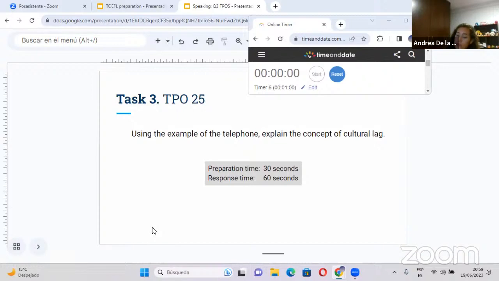Maybe if I were you, I'd honestly try answering this question without taking notes for one time, or just taking a few notes, because I think you can do it, and maybe you will have more fluency in expressing the ideas. Right, so I would try that, and also be careful with grammar with your tenses, right? In this case, we had past examples, how people used the telephone in the past and how they got used to it throughout time. So be careful with the tenses.